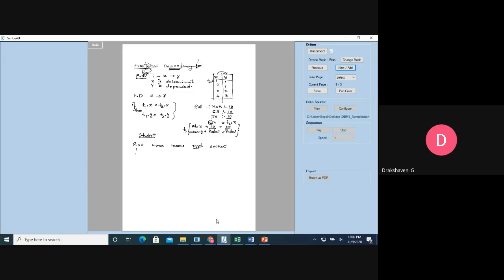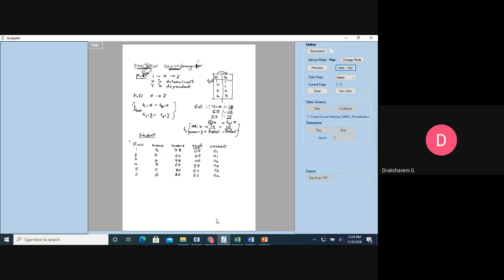Then I'll take 1, 2, 3, 4, 5, 6 and some names A, B, C, D. And marks of student A is 78, 60, 78, 60, 80, 80. Then departments: CS, Triple E, CS, Triple E, then IT or EC, some departments. Then courses you have taken: DBMS, operating system, software testing, then one more.